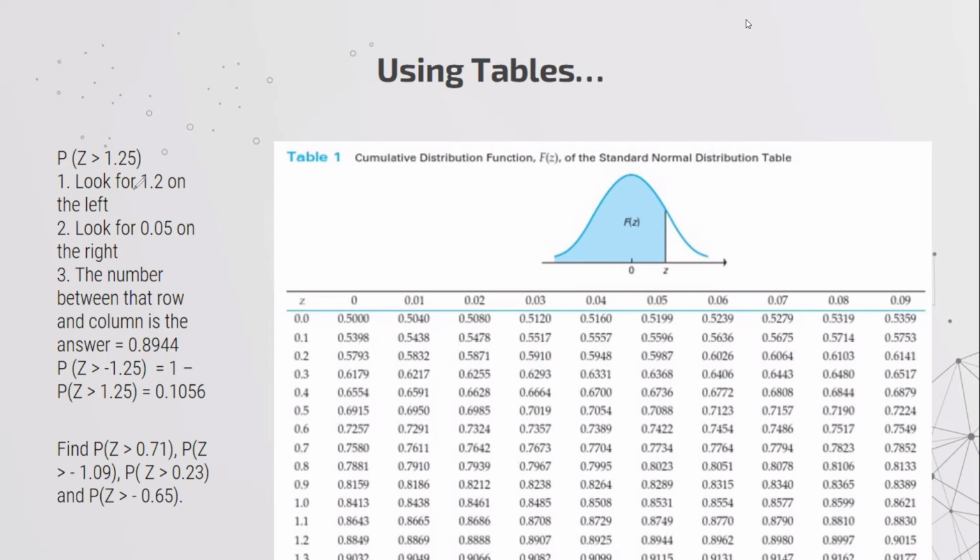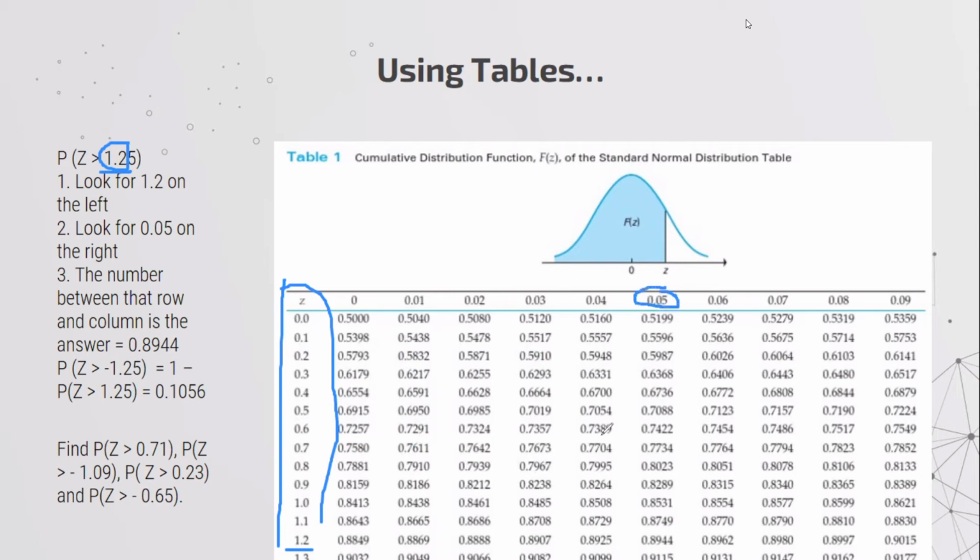First, for the number inside the brackets, we take a look at the first column, which is z. We're searching for the first part of our number, which is 1.2. Here is 1.2. Then we have 5, but the 5 we have to search here, in the decimals part, which is that column here.